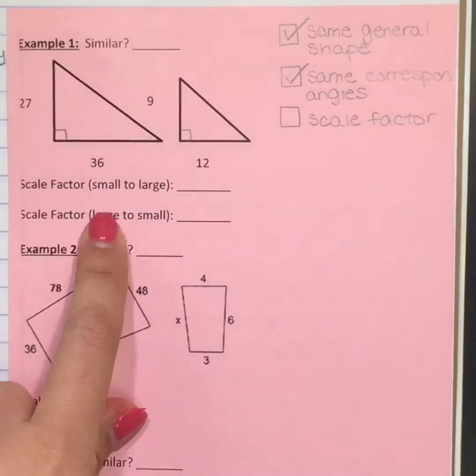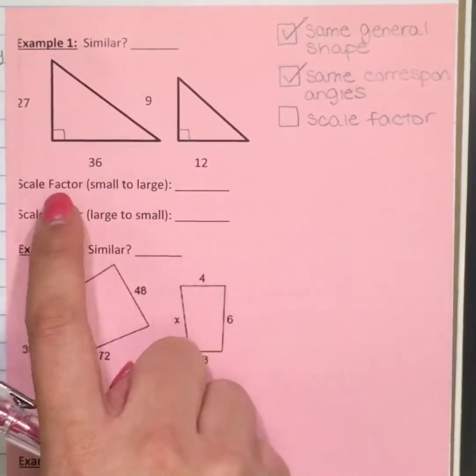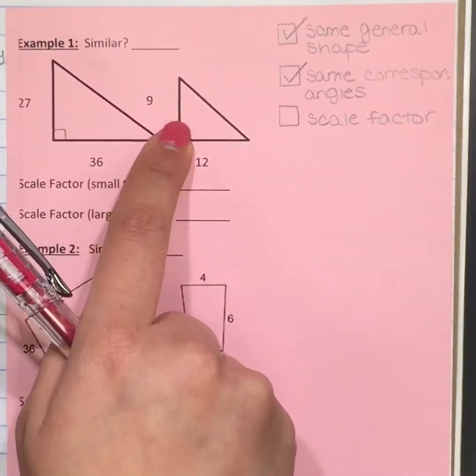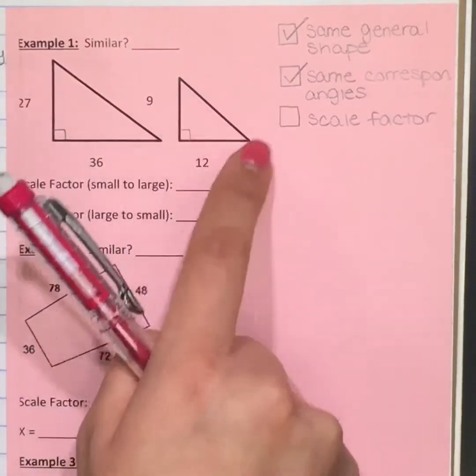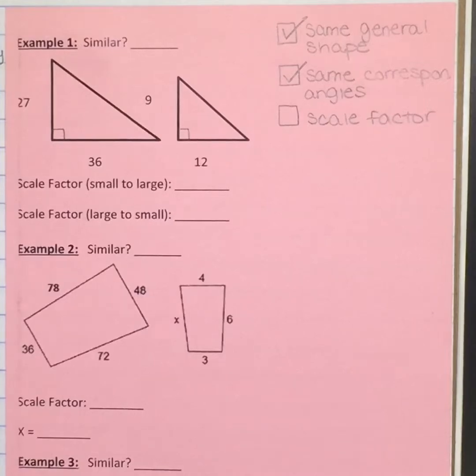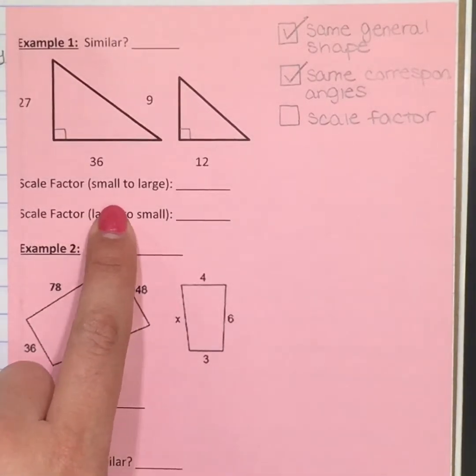Okay, and then down here, I specify which scale factor we're talking about, because remember, if we're going from this large triangle to this small one, our answer is going to be one thing, and if we're going from the small one to this large one, it's going to be a different answer, okay? So let's look at the first one. It says scale factor small to large.